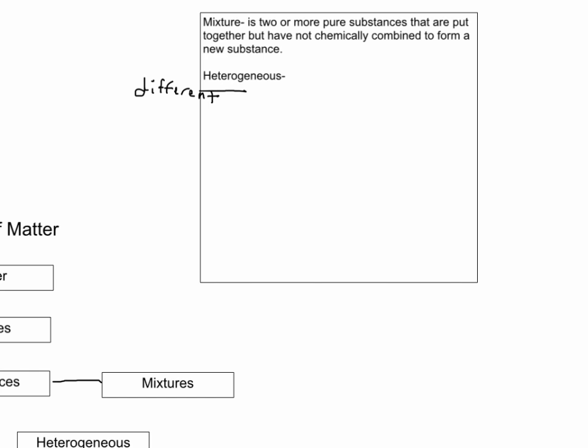So a heterogeneous mixture is a mixture that looks different depending on where you look. The big example that's commonly used for this is a salad or sand. If you look at a salad, you can see the different vegetables or fruits apart. If you look at sand, you can tell different types of grains of sand apart. They're all together in one thing, either called a salad or sand, but you can tell individual components apart from each other.